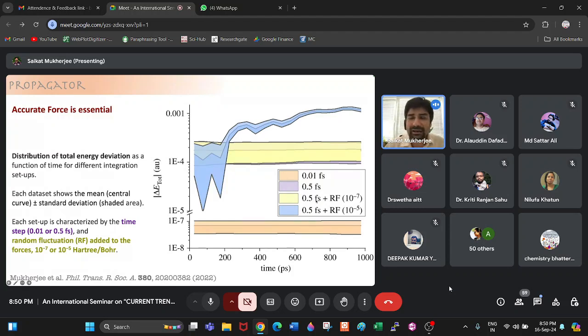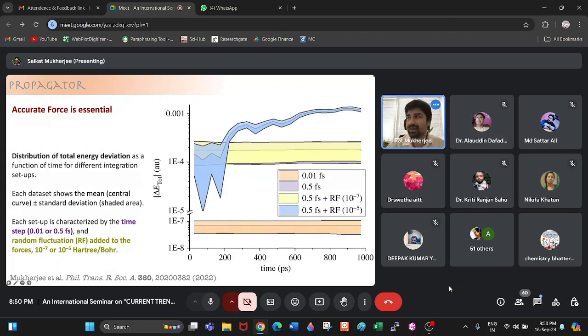Then I add a random fluctuation to my force on the order of 10 to the power minus 7. What are you getting? You are actually getting exactly the same as with 0.5, on the order of 10 to the power minus 4. That means your dynamics propagator does not distinguish the small random fluctuation in your force.